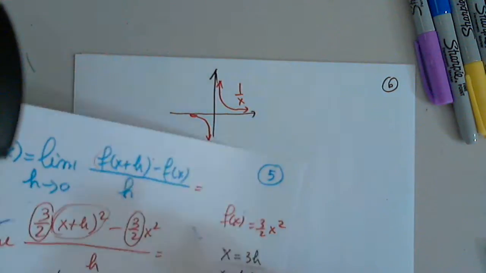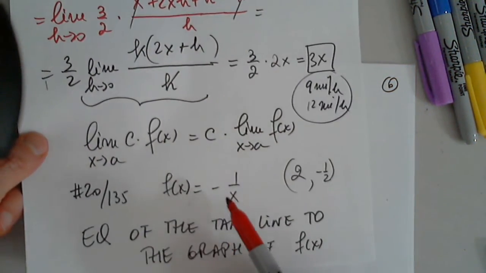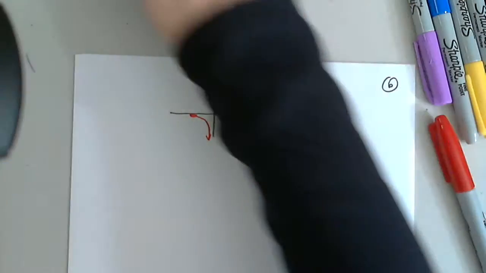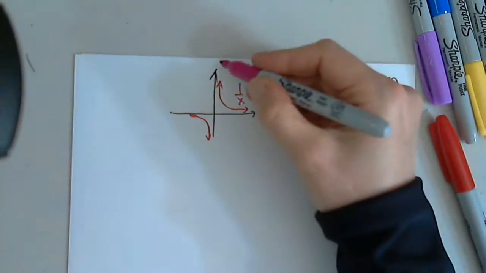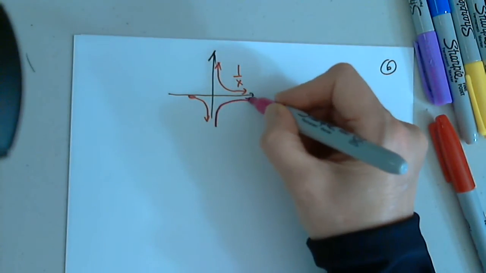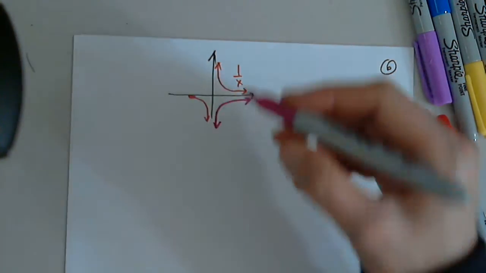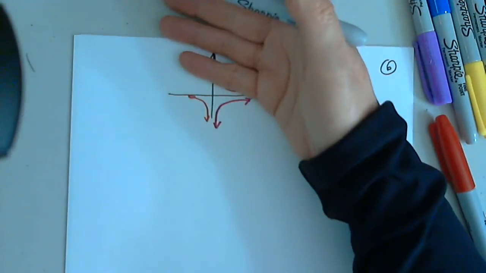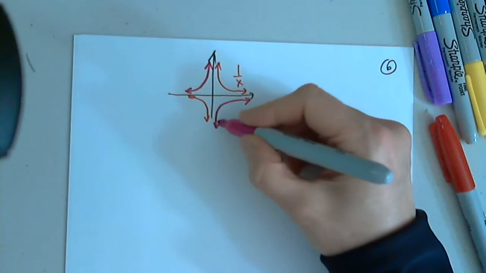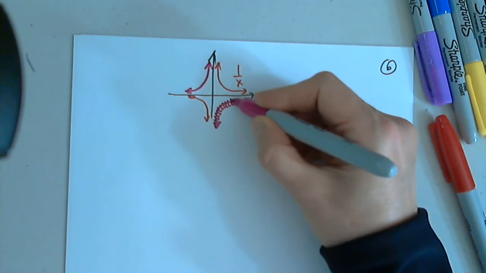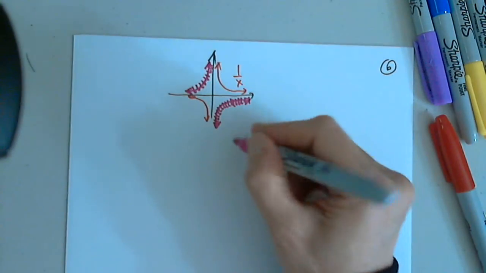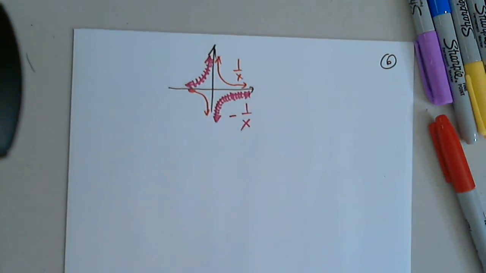But this is not exactly what we have. We have negative 1 over x. So for negative 1 over x, the positive part of the function will become negative, and the negative part of the function will become positive. So I will do this for you to understand that this is the function in question, not the red one, but the purple one, which is -1 over x.